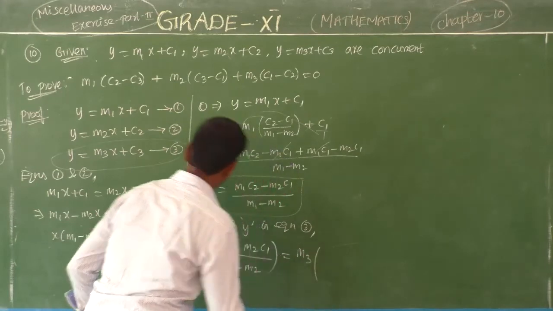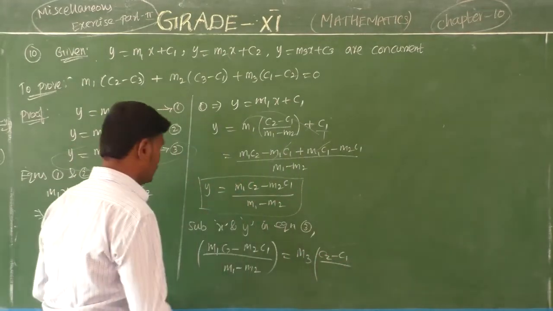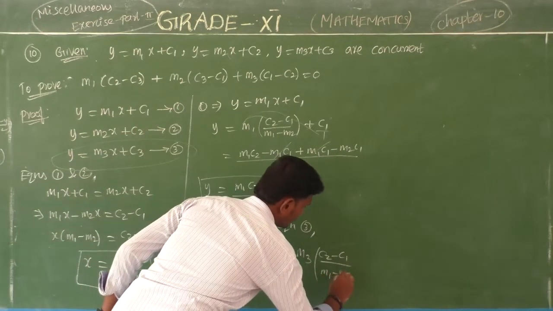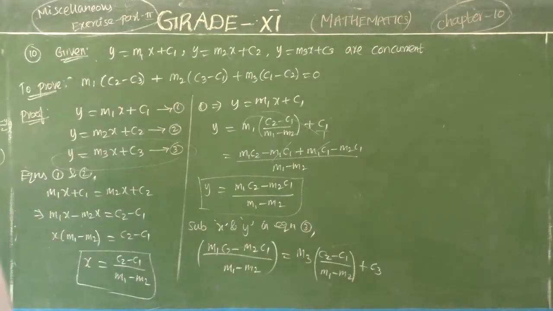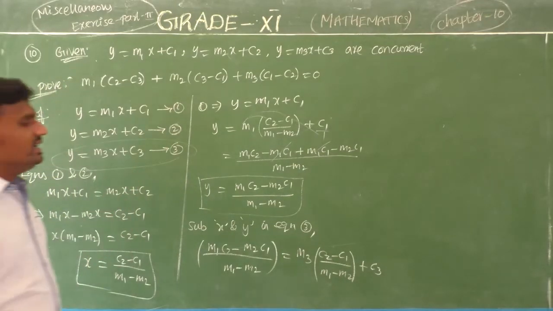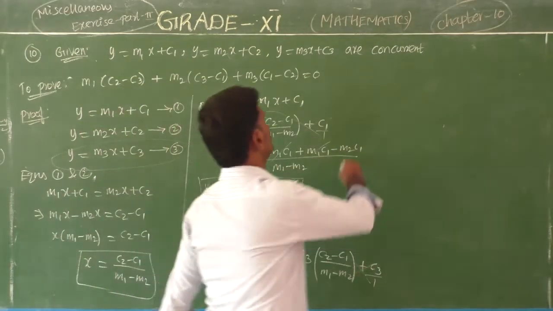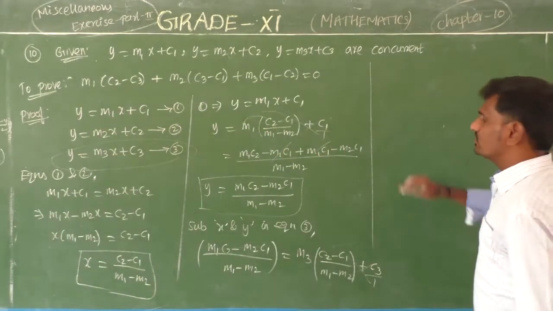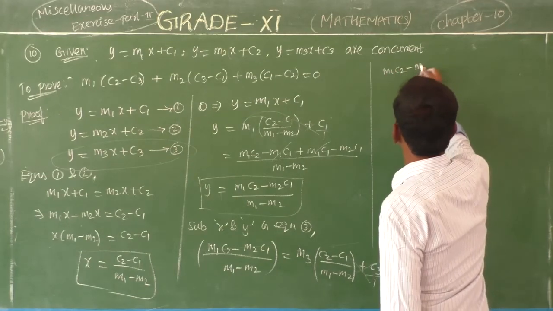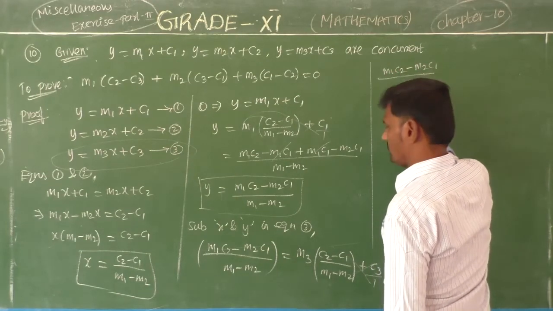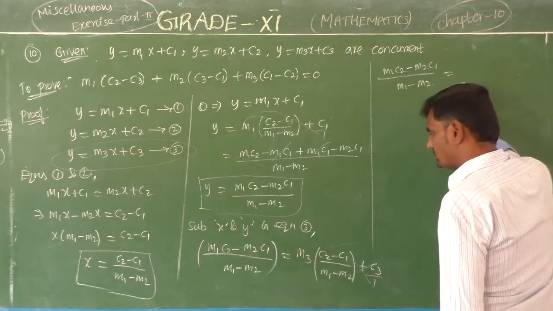So for m3 into x you have the value of c2 minus c1, whole divided by m1 minus m2, plus c3. Students, here also I am going to take the cross multiplication of these two terms to get m1c2 minus m2c1, the whole divided by m1 minus m2, which is equal to this m3.